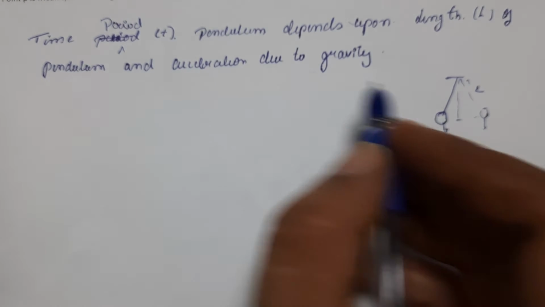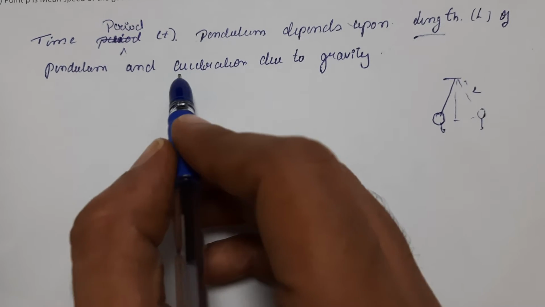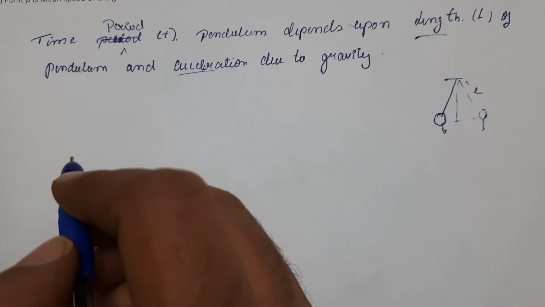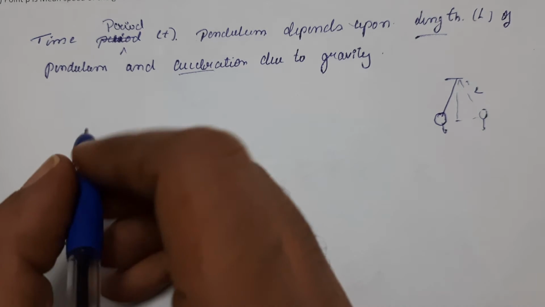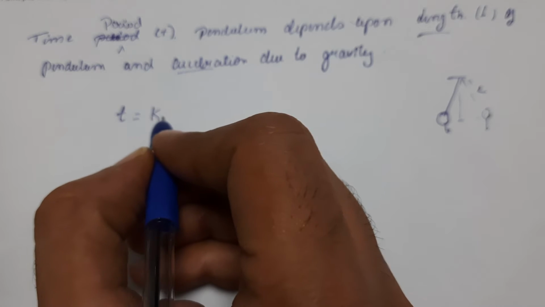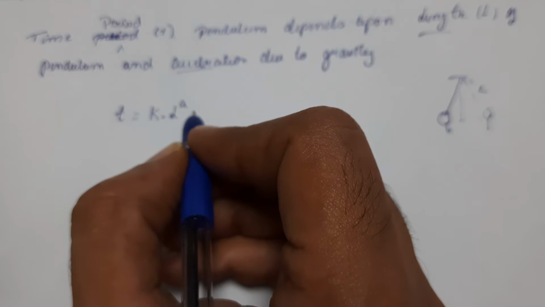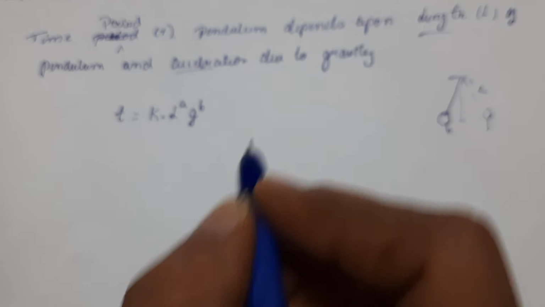So the parameters that we are considering here are the length as well as the acceleration due to gravity. To derive an expression for time period, T is equal to k into L to the power of a and g to the power of b.